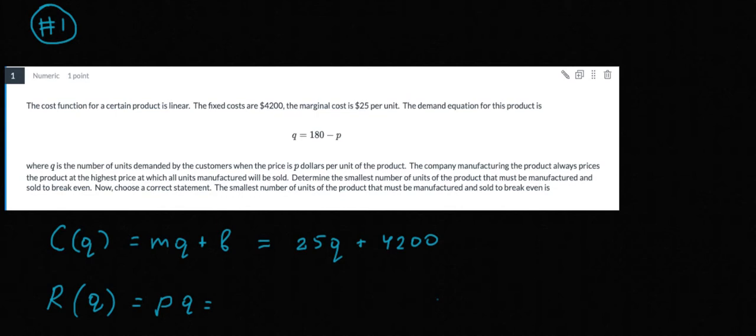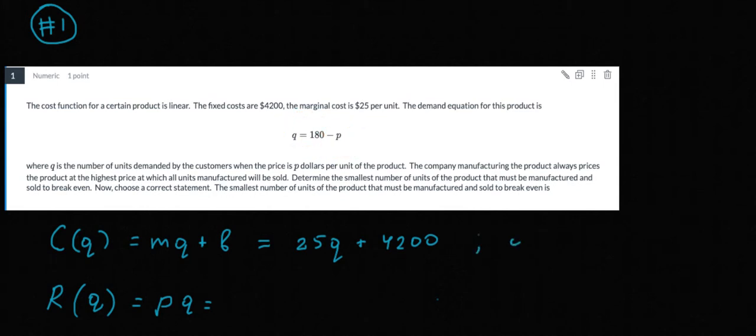All of the manufactured units will be sold, but it will not be the highest price at which all units manufactured will be sold. In other words, the sentence that talks about the price being the highest price at which all units manufactured will be sold simply means, in concrete terms, that the value of P can be determined from the demand equation given the value of Q.